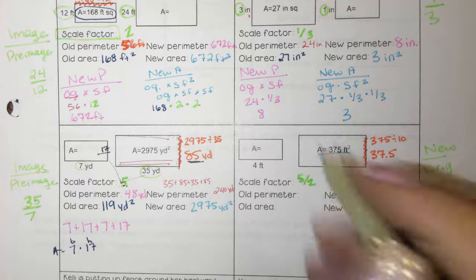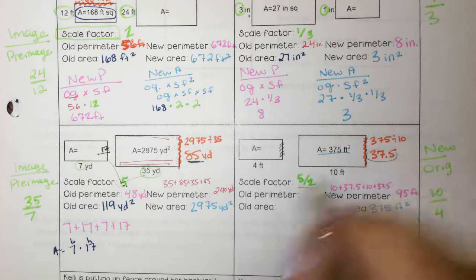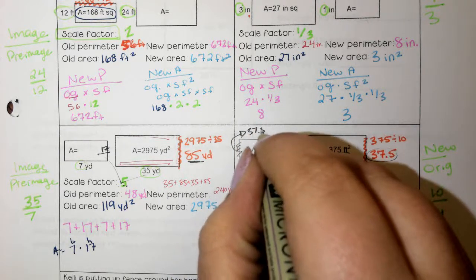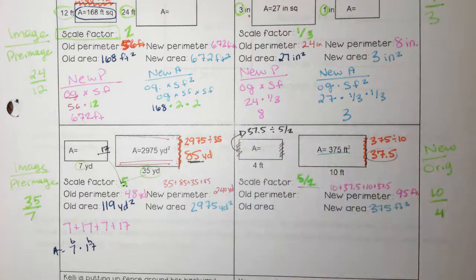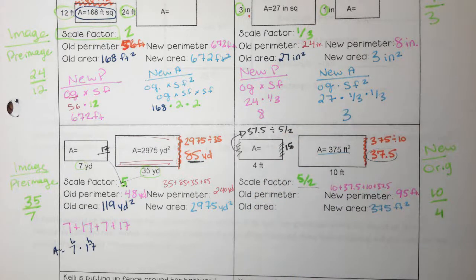So something here times 5 halves got us 37.5, which means 37.5 divided by the scale factor, 5 halves, gets us that side length there. 37.5 divided by 2.5, I believe it's 15. Yep, 15. So we've got 15 as that side.